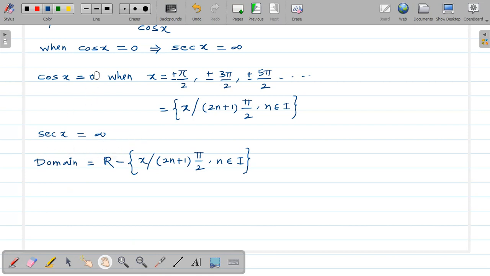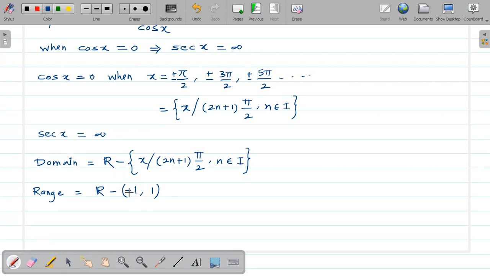As we know that range of cos x is closed interval -1 to 1, and sec x is the reciprocal of cos x. So to define the range, we have to remove all the points from the real line, that is R minus open interval -1 comma 1. This is the range of sec function, because it is the reciprocal of cos x.